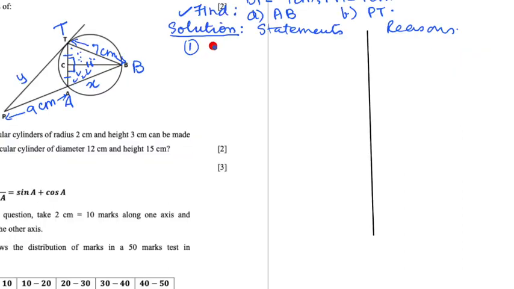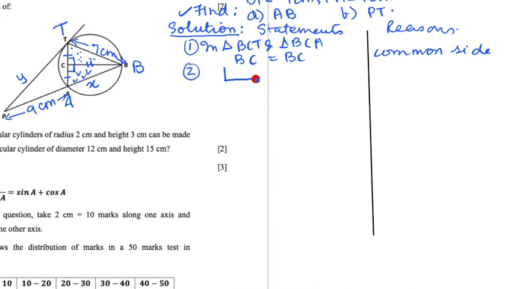So we are going to first write, in triangle BCT and triangle BCA, we will say that BC equal to BC, which is the common side.